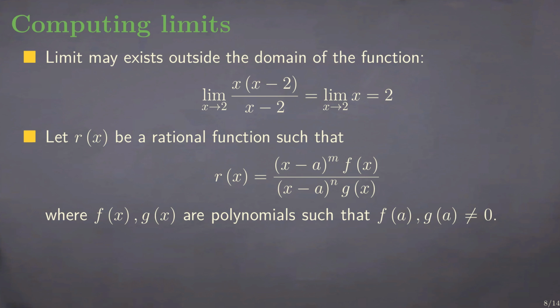Okay, so in this case, the limit of R(x) when x tends to a exists if and only if m is greater than or equal to n. It means that if m is strictly less than n, then that limit doesn't exist.